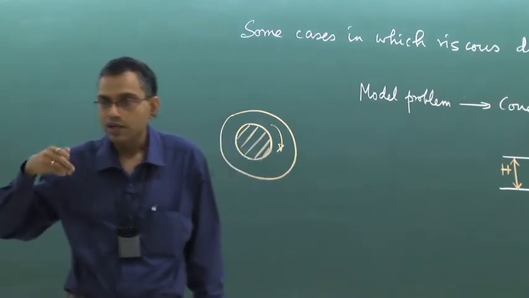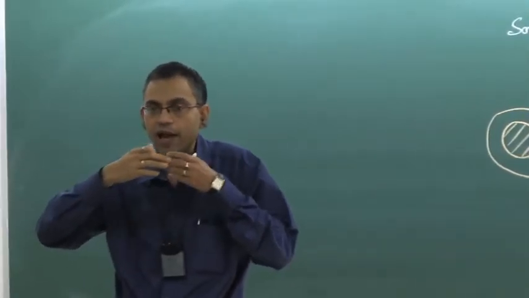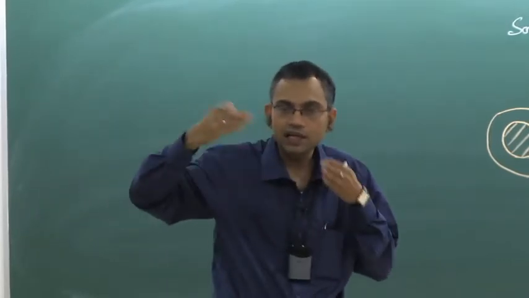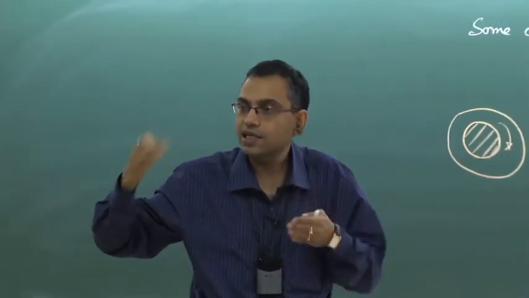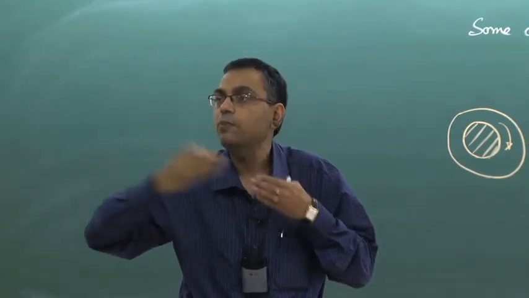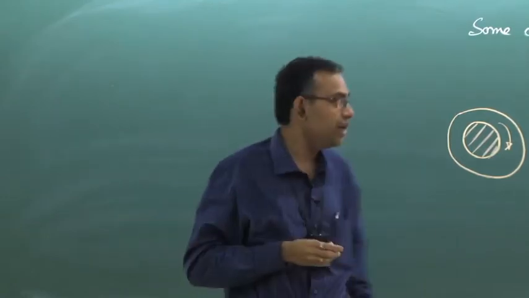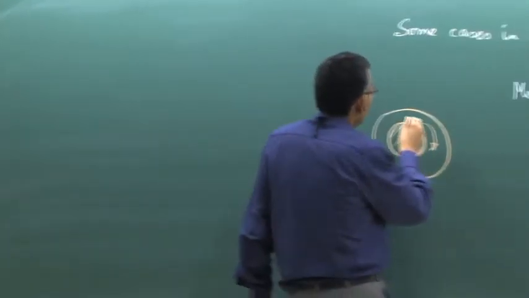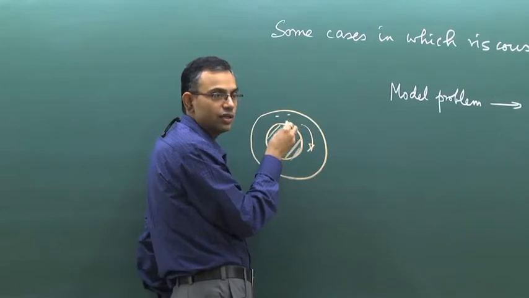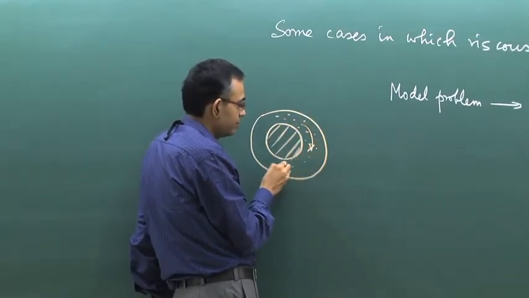Because during the rotation of the shaft, it will acquire certain eccentricity at certain times, and there is always a tendency that the shaft may be in contact with the bearing, then there will be metal to metal contact. So that should be avoided. So in between, to avoid that high friction through metal to metal contact, a lubricating oil is kept.